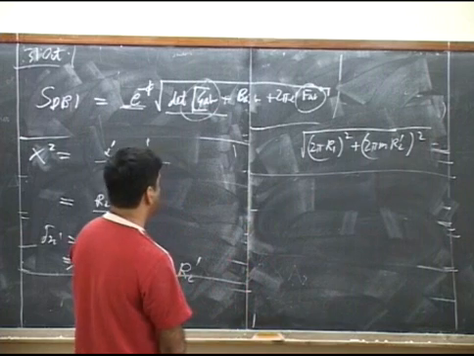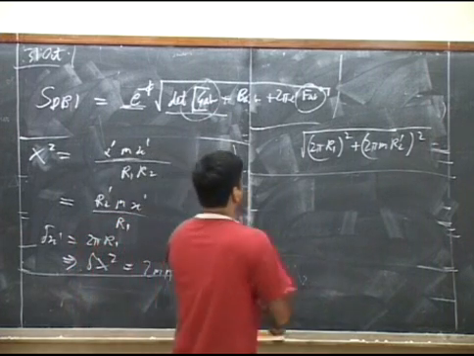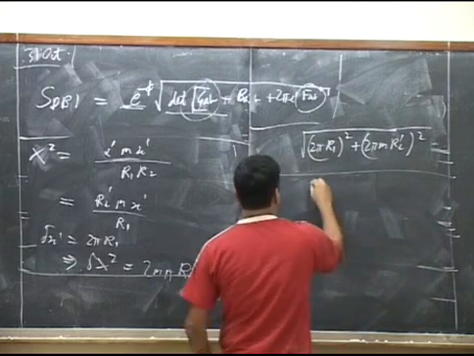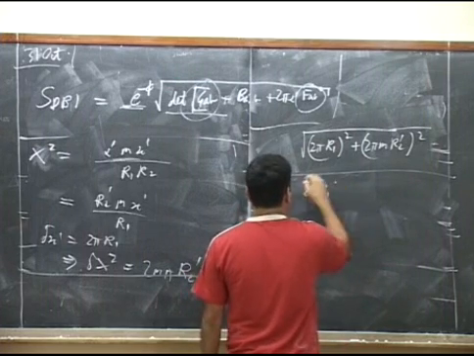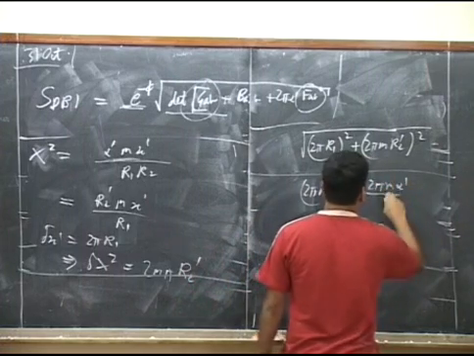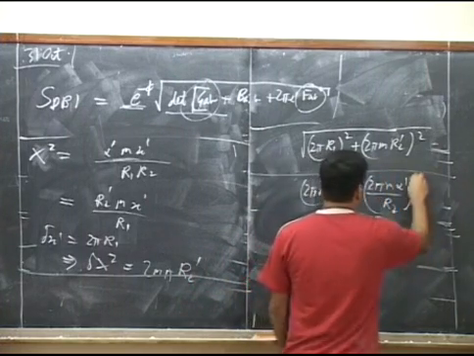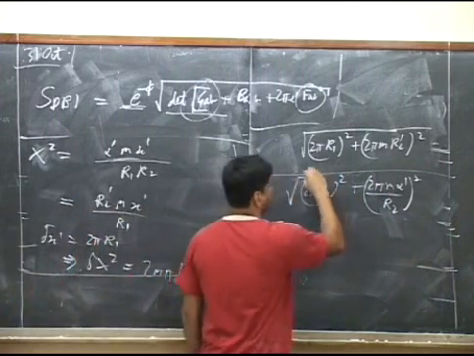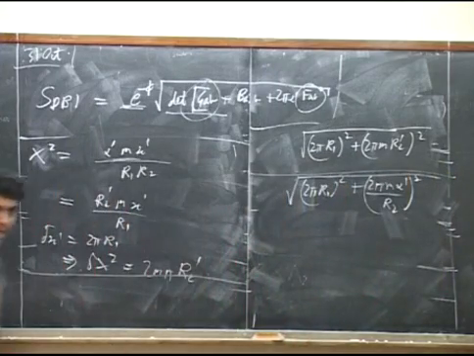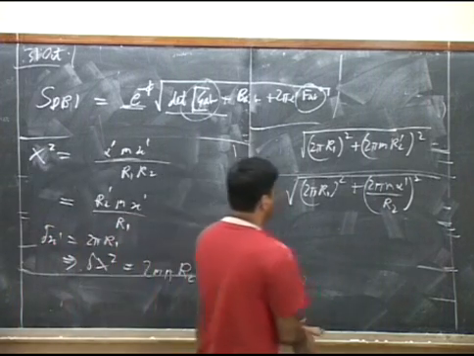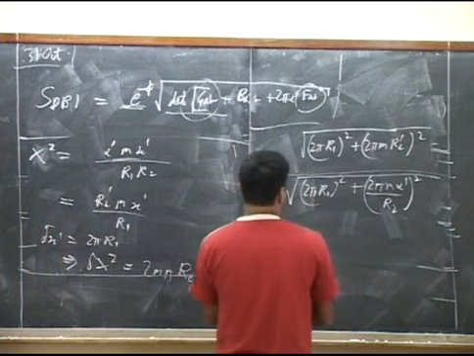Let's write this as (2 pi r1) the whole thing squared plus (2 pi m alpha prime by r2) the whole thing squared. We want to go back to the variables of the original thing. And where was the formula for the flux?